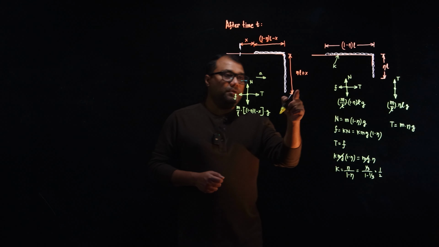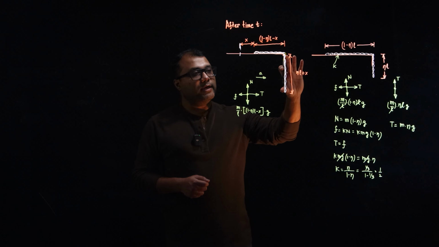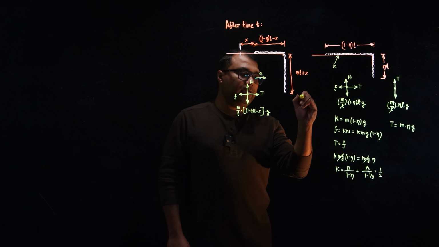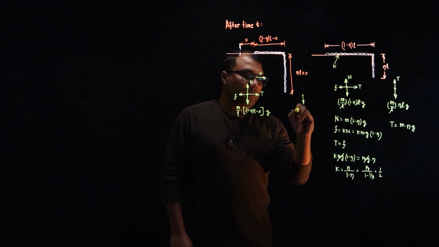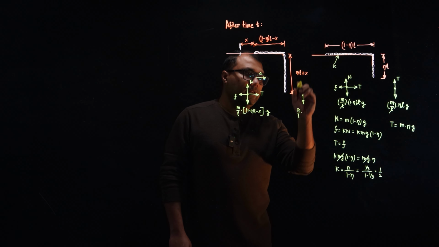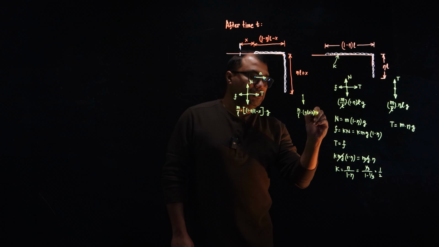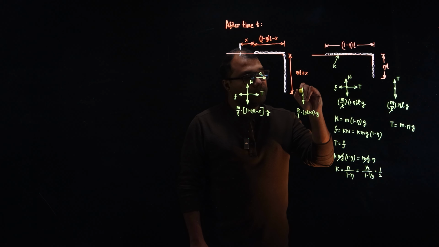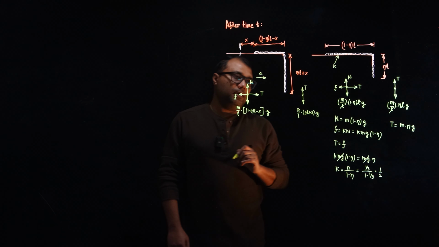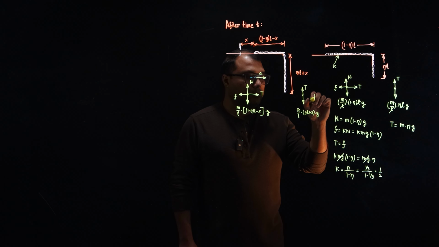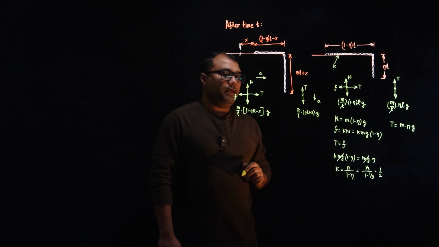Similarly, for the free body diagram of this part of the chain, we have m by L times this length of the chain times g, and tension on the chain in the upward direction, and this is falling with acceleration a.